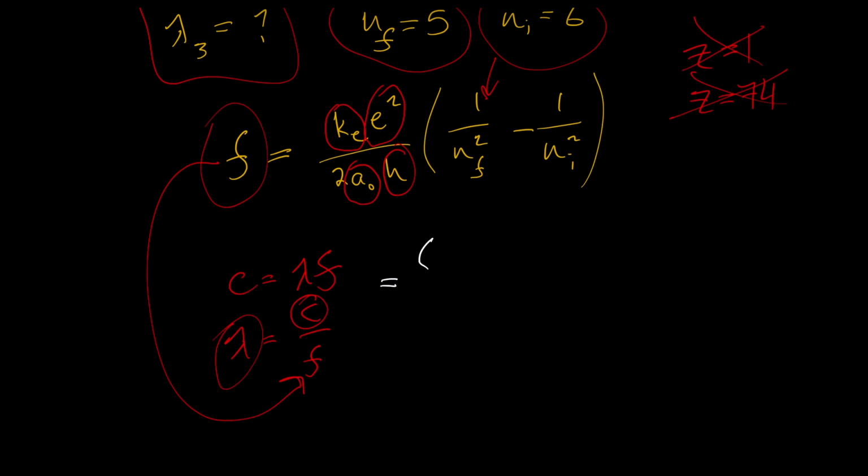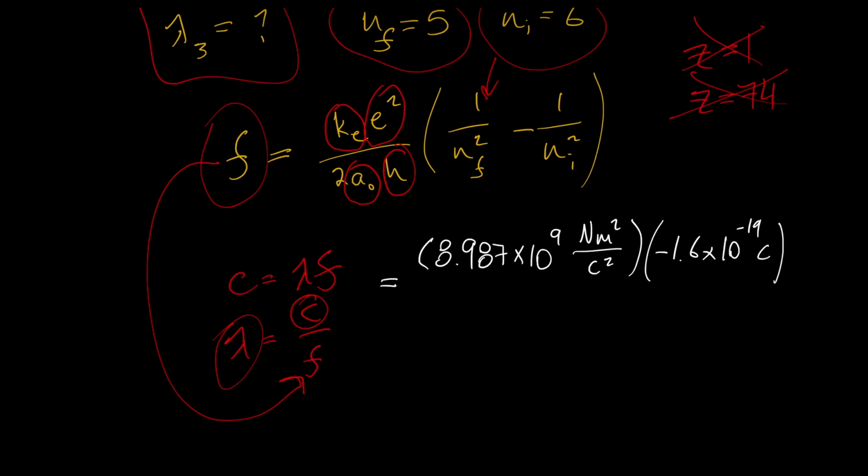Okay, we have k e, 8.987 times 10 to the 9, Newton meters squared per Coulomb squared. Cool. Then electron charge is minus 1.6 times 10 to the negative 19 coulombs. Remember, this whole thing is squared.